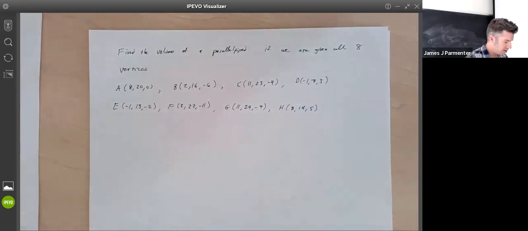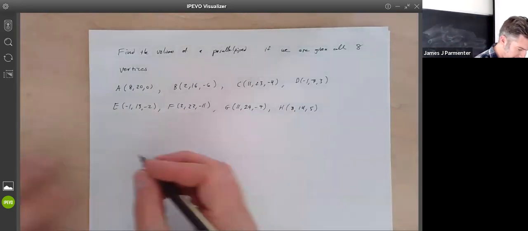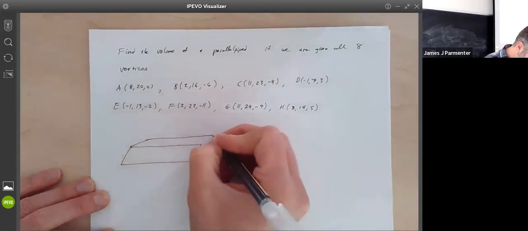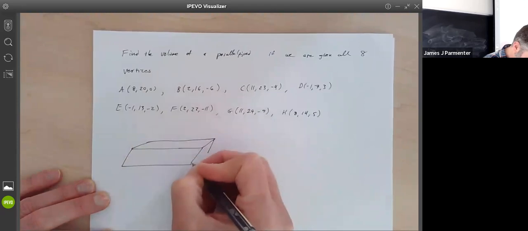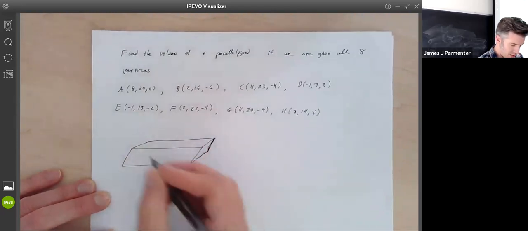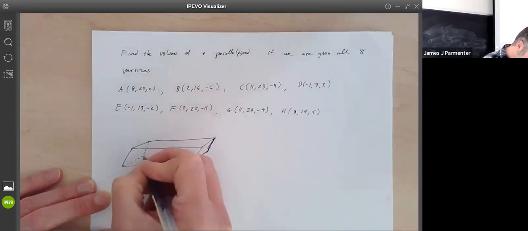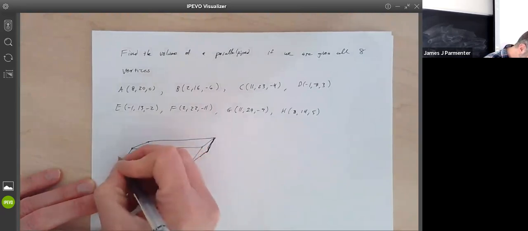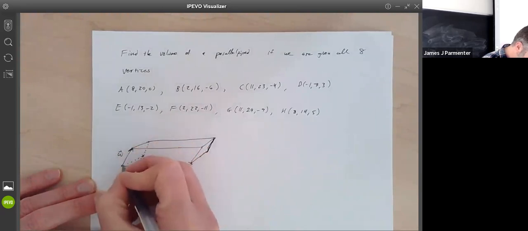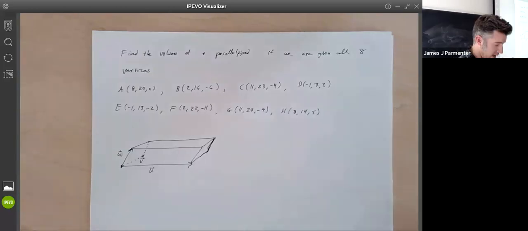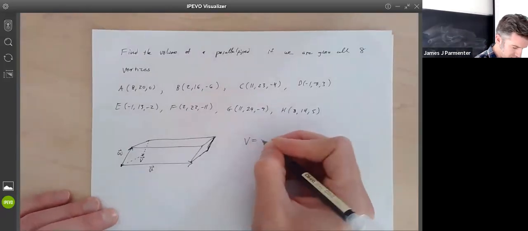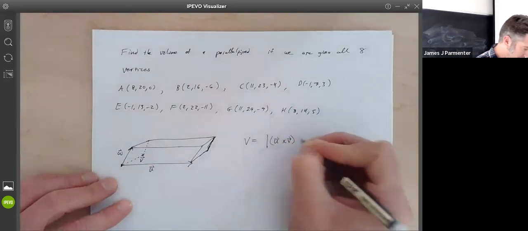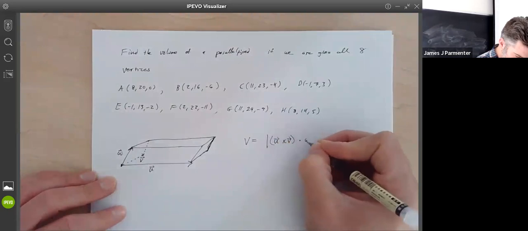Thinking about the parallelepiped looking vaguely like this, our job is to find the vectors u, v, and w that all emanate from the same vertex, so that we can find the volume as the absolute value of u cross v dotted with w.